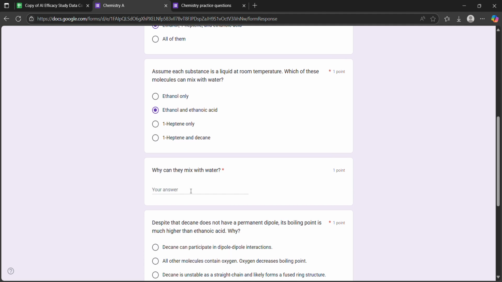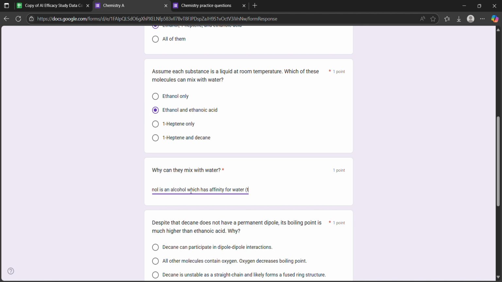Why can they mix with water? So because ethanol is an alcohol, which has affinity for water.